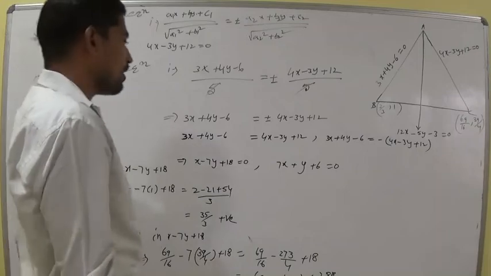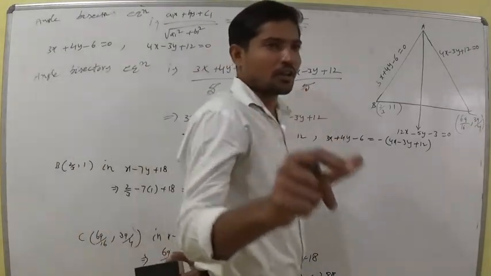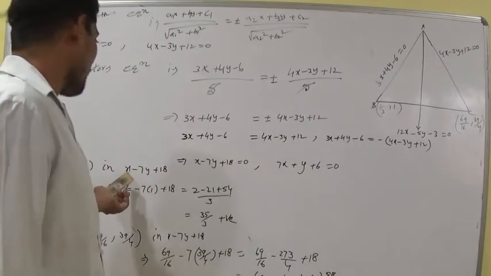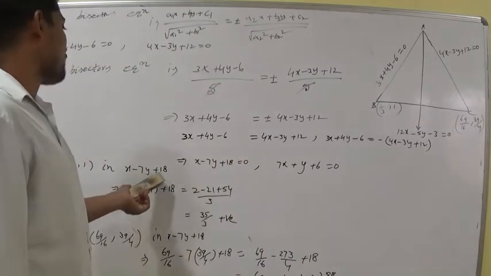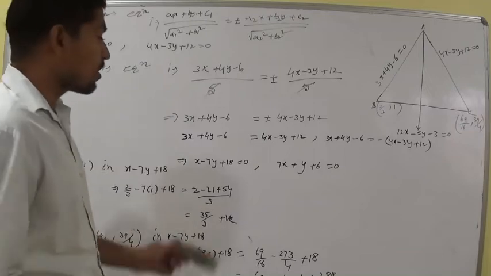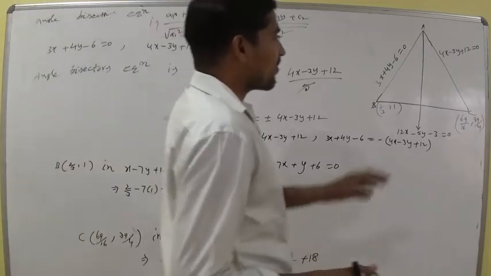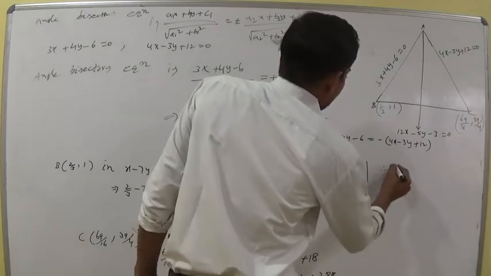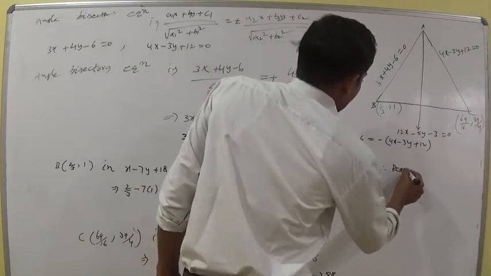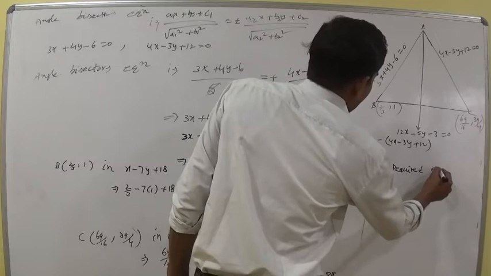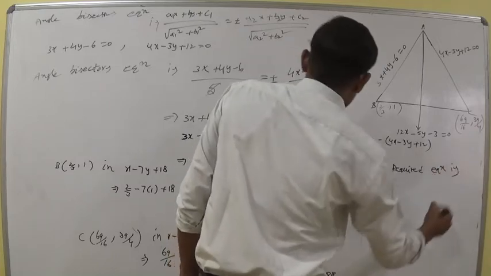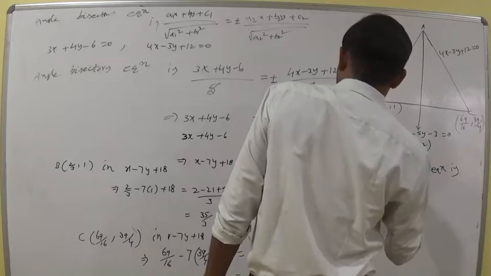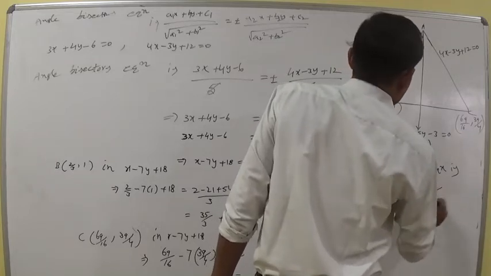One is positive and another one is negative, which lies either side of this angle bisector, x minus 7y plus 18 equal to 0. So the required equation is x minus 7y plus 18 is equal to 0.